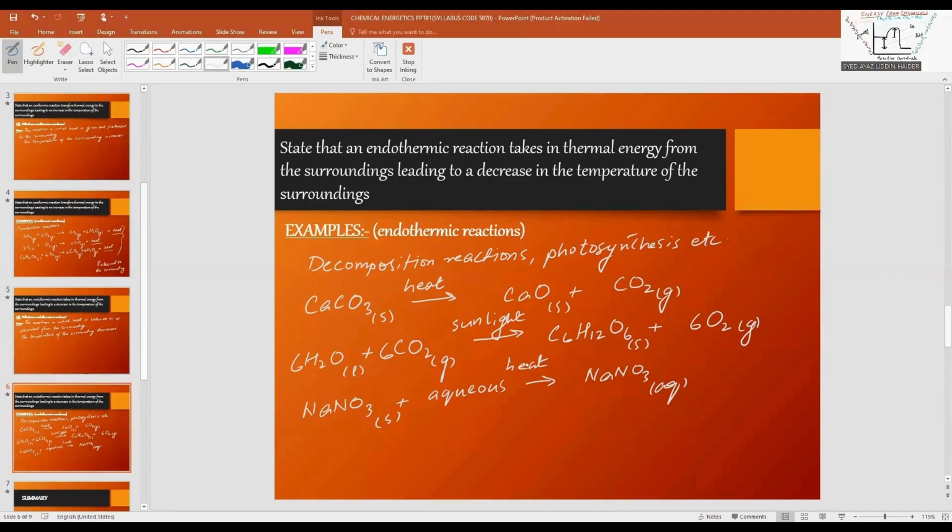That's why it's shown on the top of the arrow. These are forms of heat. Sunlight is also a form of heat. It's shown on the arrow, which indicates that heat is absorbed in this reaction, absorbed from the surrounding.